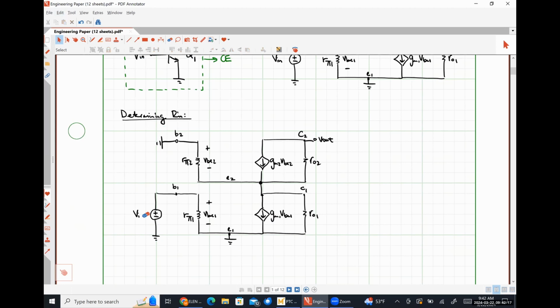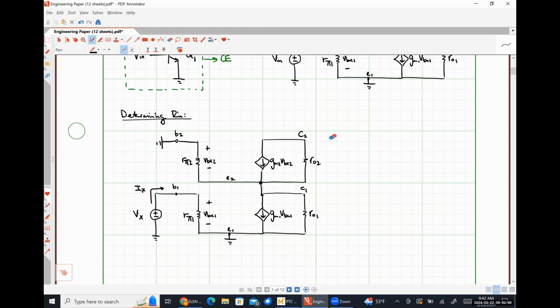I'm going to change this Vn to be a Vx as if it were a test source. Here's my test current Ix that we're looking for. I no longer care about my output voltage, so I'm going to remove that node. As in every other case we've looked at, our ultimate goal is to find the ratio of Vx to Ix.